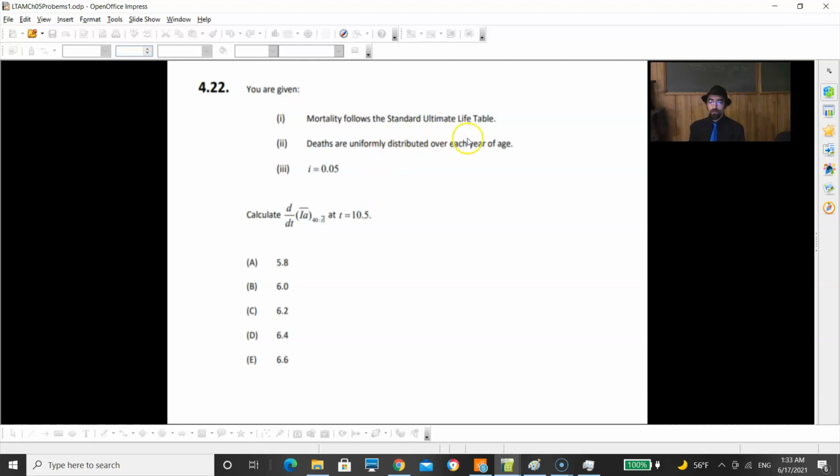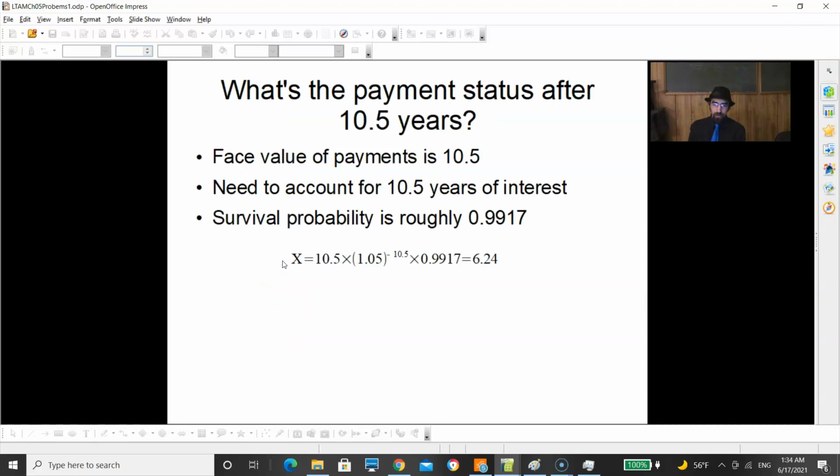And they give you deaths uniformly distributed over each year of age. Given how far apart these choices are, you actually don't even need that, because when we crunch our numbers in, survival probability is more than 99%. And that's over 10.5 years. So the difference between 10 years and 10.5 years and 11 years is going to be maybe 0.1%.